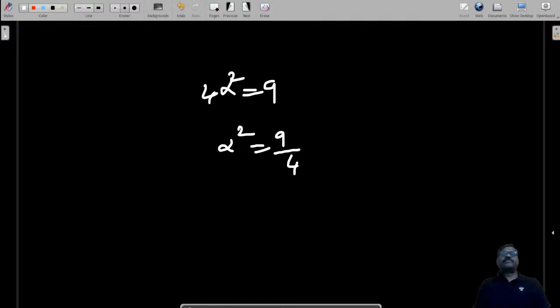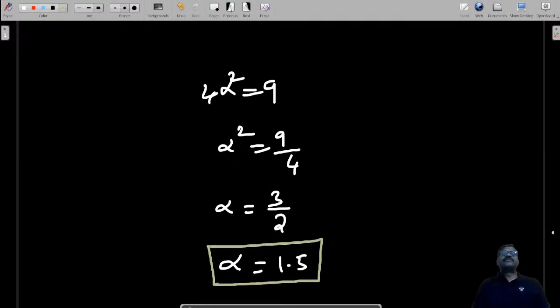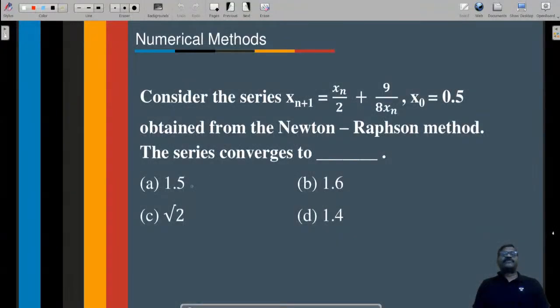Alpha square equal to 9 by 4. Alpha equal to 3 by 2. Therefore, the root is 1.5. Finally, the root is 1.5.